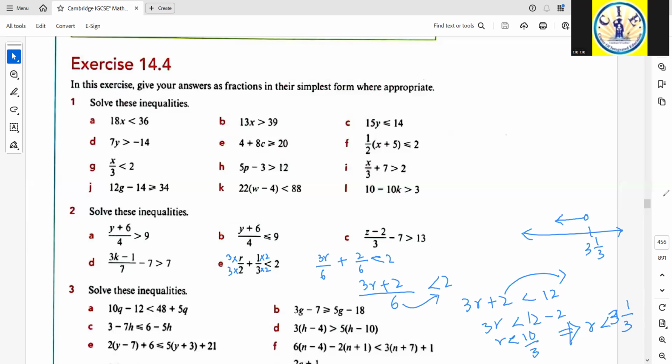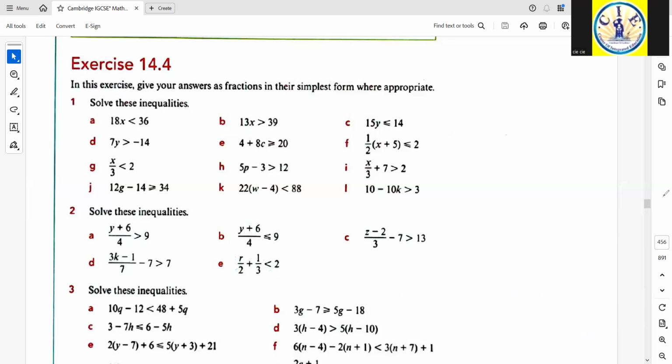Now, for question number 3, let me solve its part C, this one.